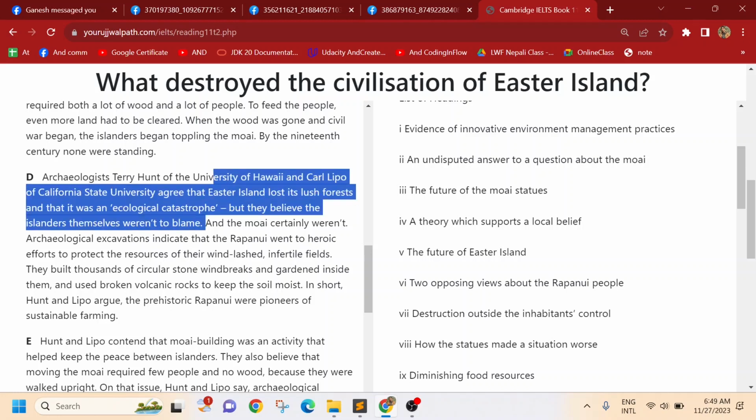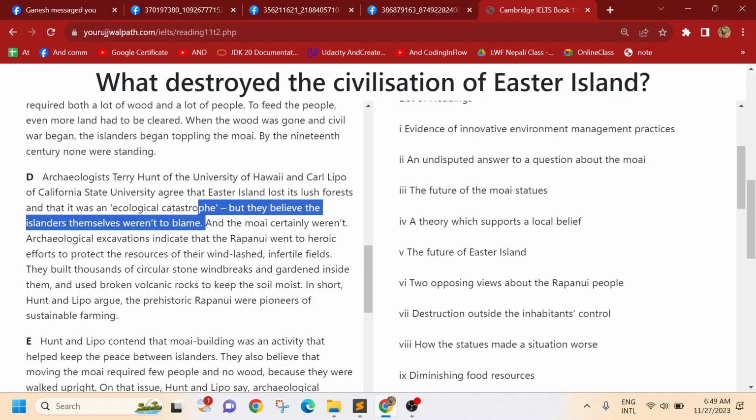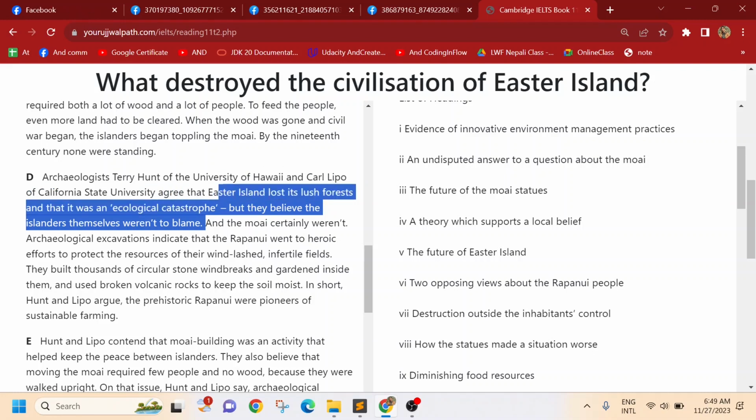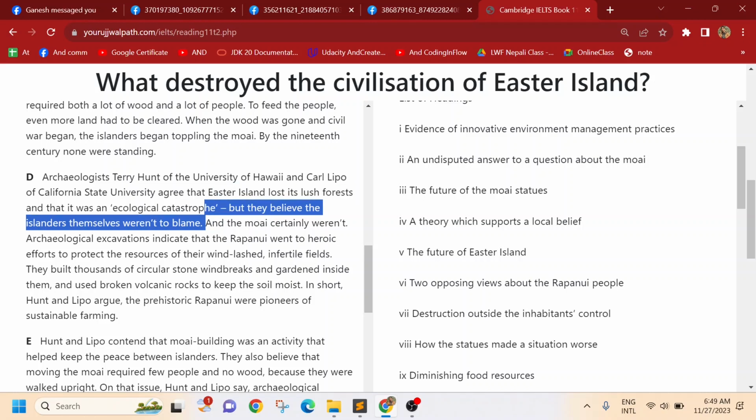So the information we get here is that two people from two different institutions believe that the island lost its forest and it was a big destruction, but there is no role of the people to blame.